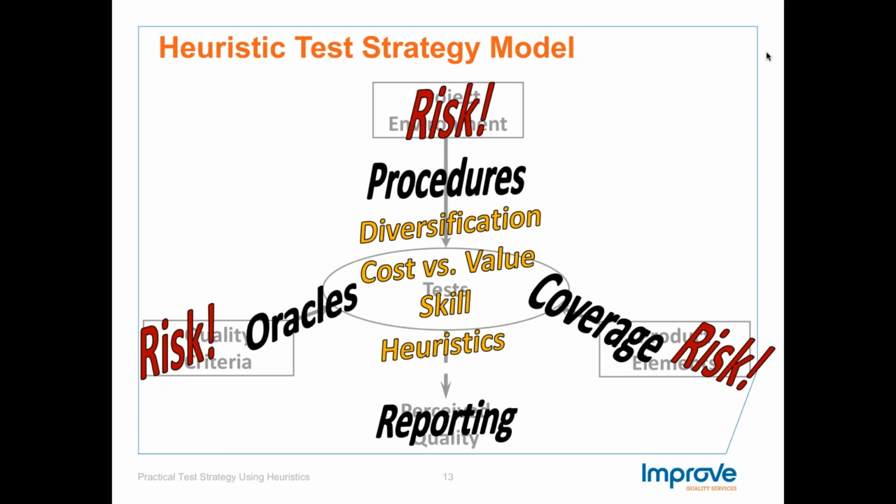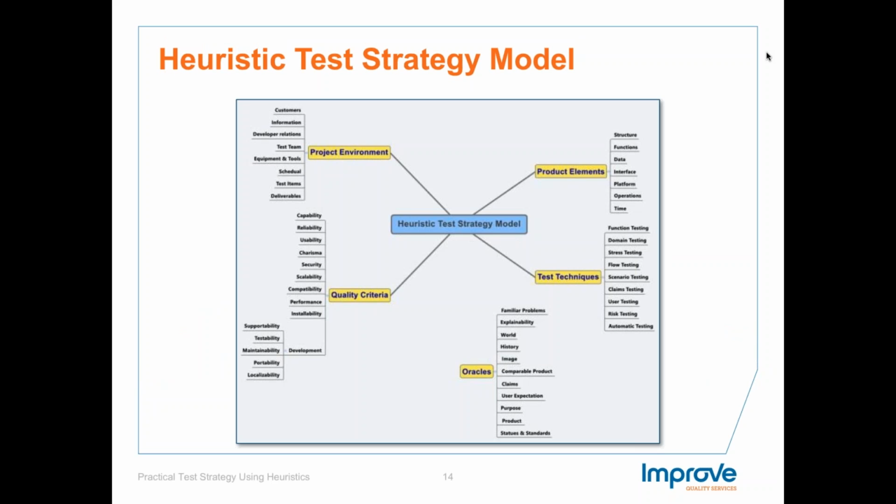And there's diversification. Diversification in people, diversification in test approaches. The more test approaches or techniques we use, the more types of bugs we find, because every single test technique or approach looks for different information, uncovers different bugs.